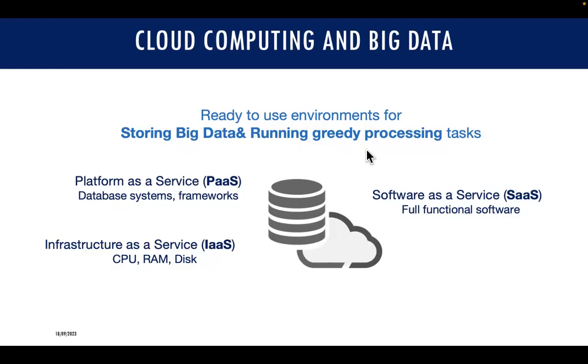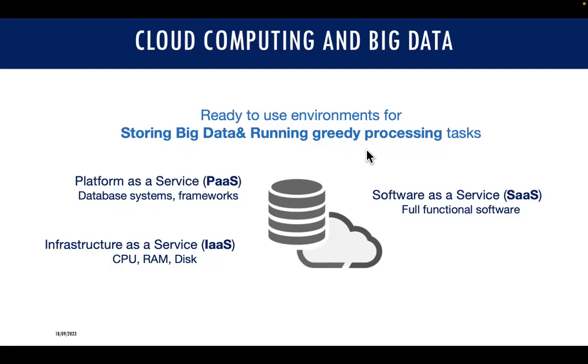And this provision of resources makes it possible to consider that anyone accessing the cloud will be able to store big data collections and run greedy processing, because she or he will have access to the necessary resources, okay?